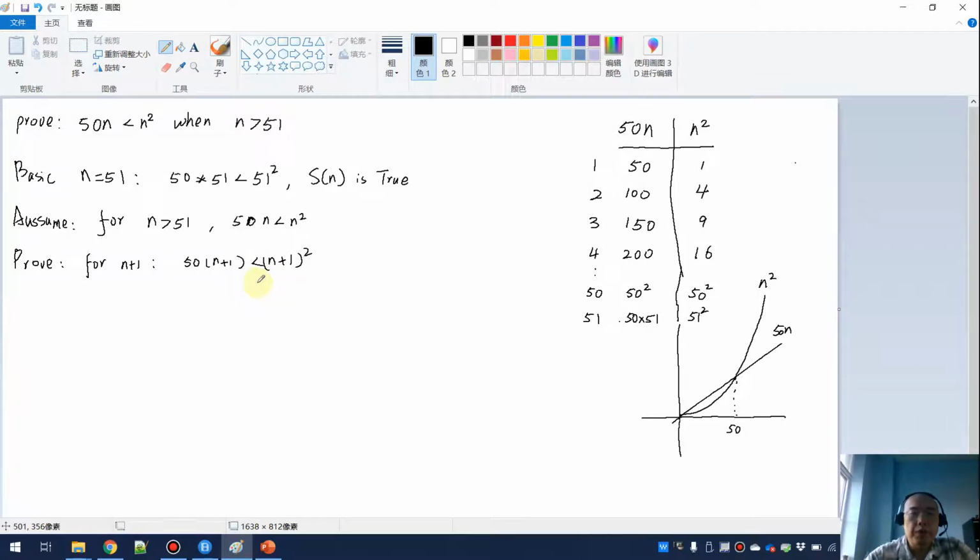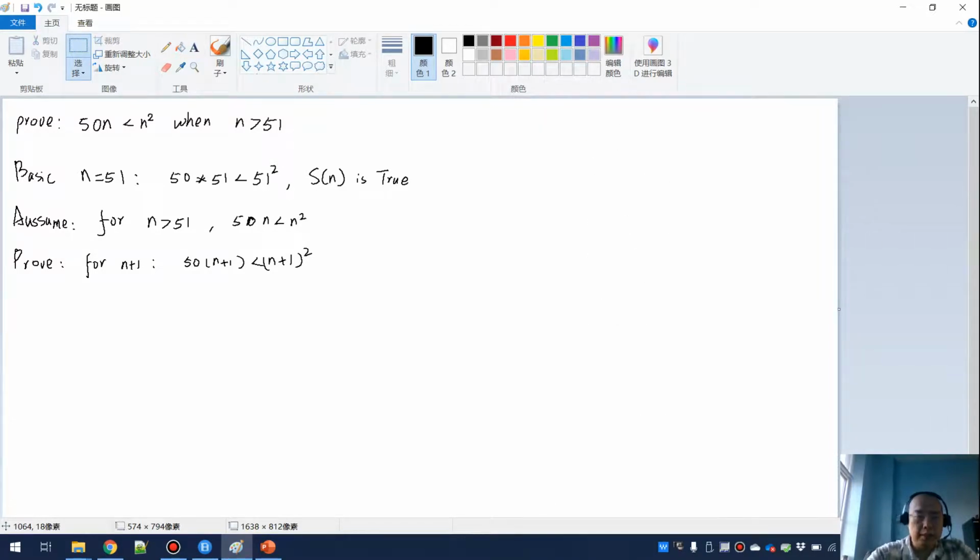So how do we do that? First, let me get rid of the part on the right side. I'm going to use that space later. Okay, so how do we prove this part? How about we get rid of the parentheses first, and that's usually a good thing to do.